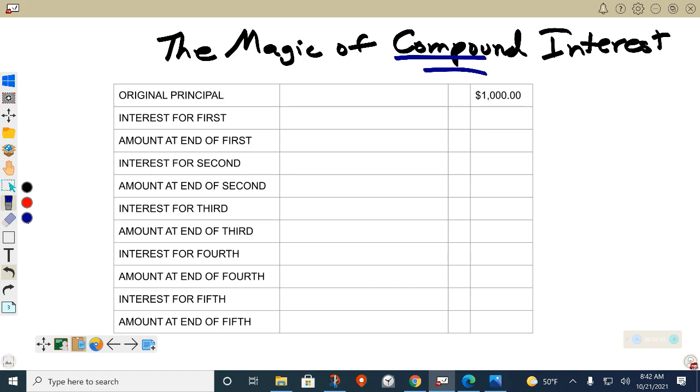So let's pretend we have $1,000 in a compound interest account. There's the original principal. Okay, so far so good. Let's say it's going to grow at, let's go 5% interest. So it's going to be 5% interest. There he is.